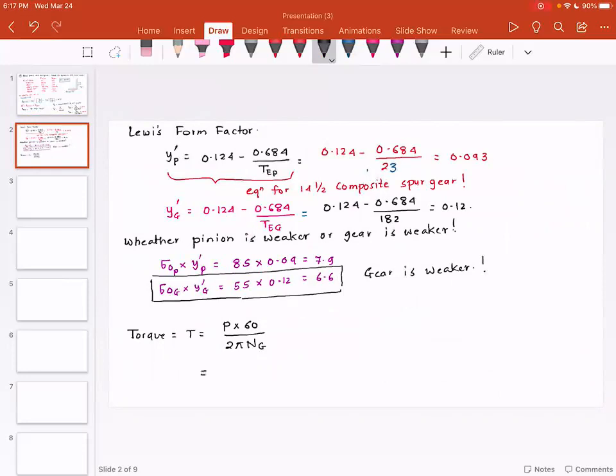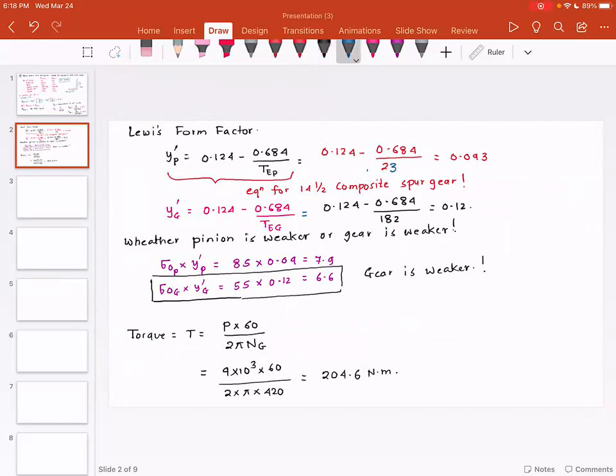So P is equal to 9 times 10 to the power 3 multiplied by 60 divided by 2 pi multiplied by the speed of the gear, which is 420. That gives me 204.6 Newton meter. So this is the torque that is transmitted by the gear, and our design will be based on this torque calculation.